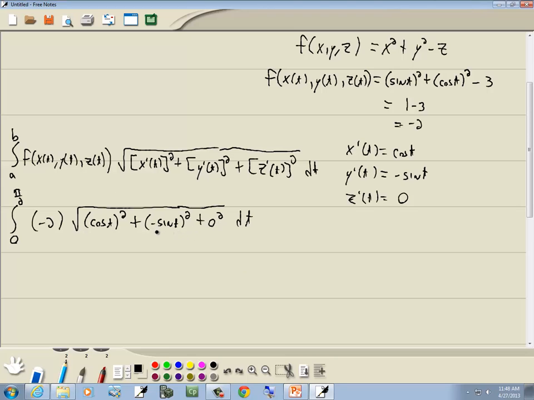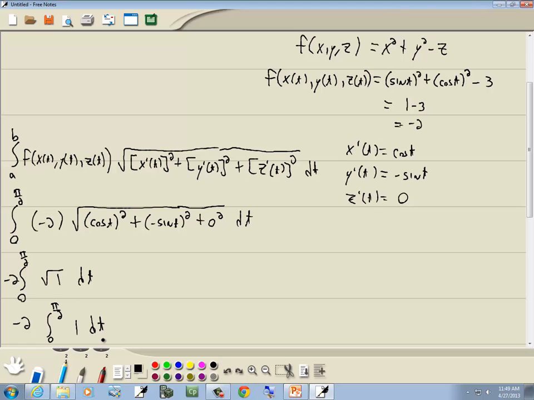When you square, a negative becomes positive. So basically we got cosine squared plus sine squared, which is 1. So this becomes 0 to pi over 2. I could put negative 2 out in front if I wanted to. And this becomes square root of 1 dt. 0 to pi over 2, 1 dt.